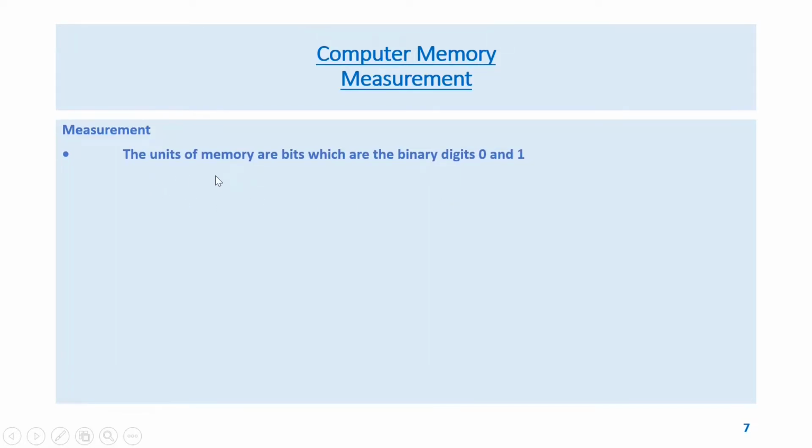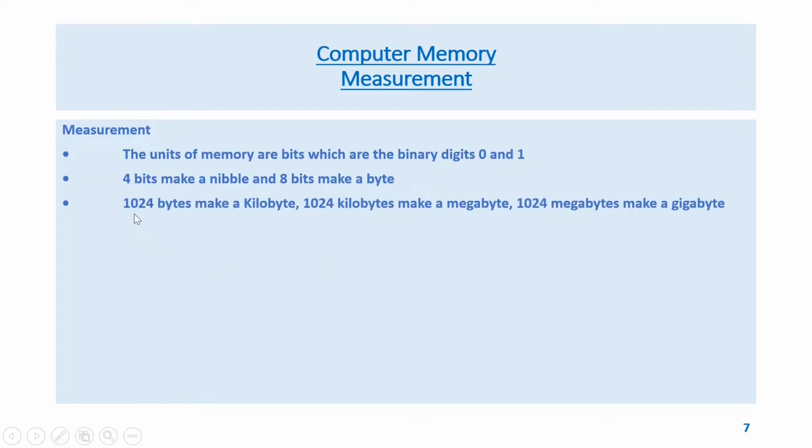Now let us look into measurement. The unit of memory is the bit, the binary digits 0 and 1. 4 bits make a nibble and 8 bits make a byte. 1024 bytes make a kilobyte, 1024 kilobytes make a megabyte, and 1024 megabytes make a gigabyte. 1024 gigabytes make a terabyte, 1024 terabytes make a petabyte.